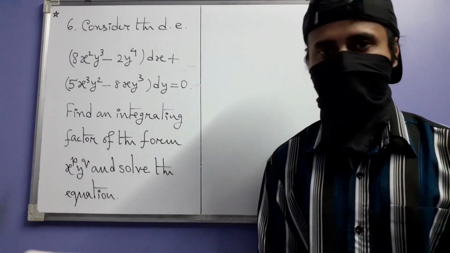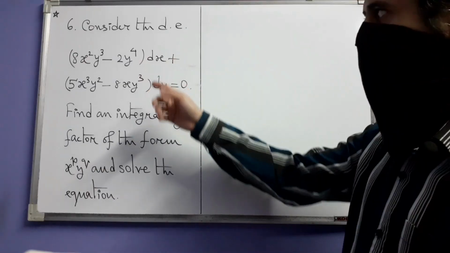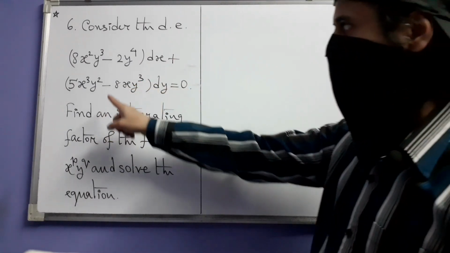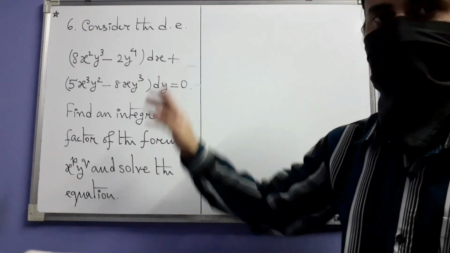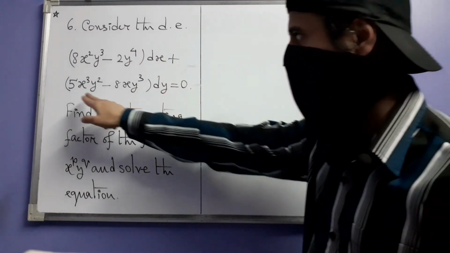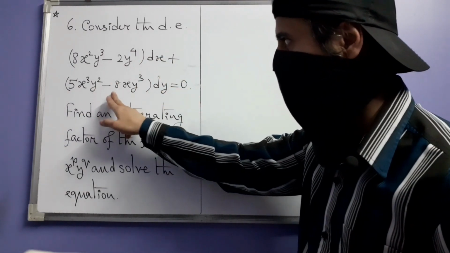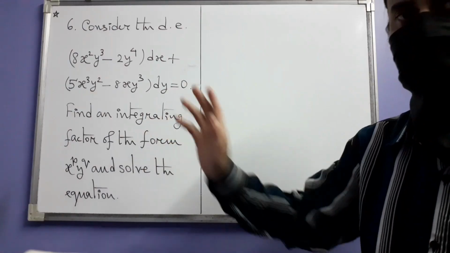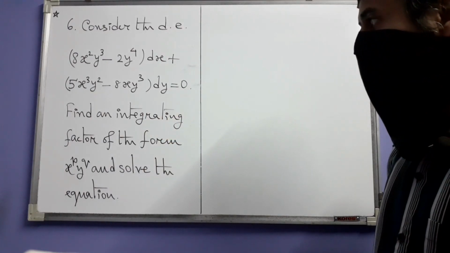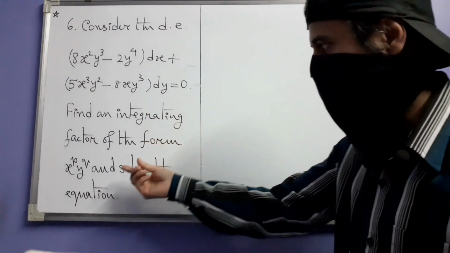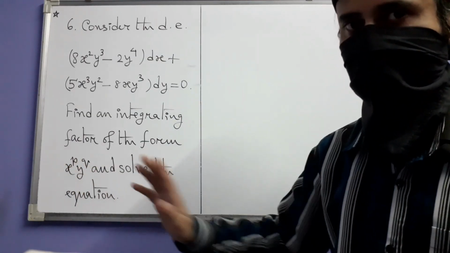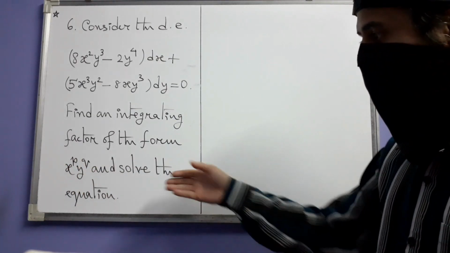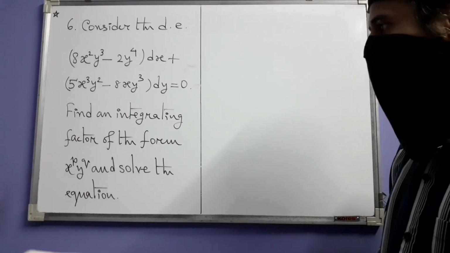Let's consider another one, number 6, where this is the differential equation 8x squared times y cube minus 2y to the power 4 dx plus 5x cube y squared minus 8x y cube dy equal to 0. We have to find an integrating factor of this specific form, x to the power p times y to the power q, and then solve the equation.